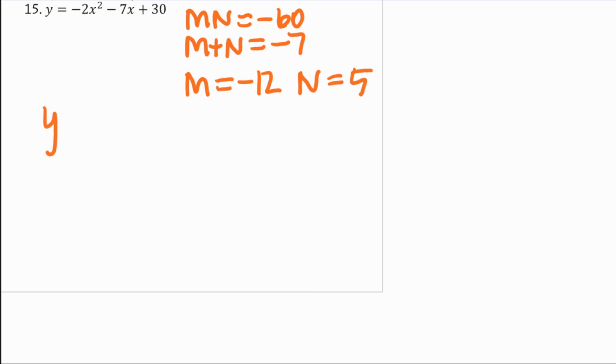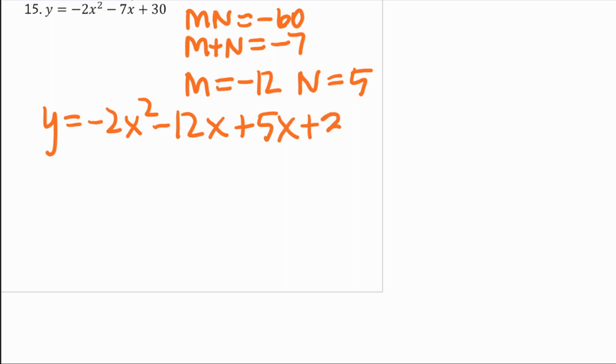All right, so y equals negative 2x squared. I'm going to split the negative 7x into negative 12x and positive 5x, and then I'm going to group in factors. So I'm going to factor what I can out of the first two. Definitely a negative 2, but also an x, because both of these two terms have an x in them.